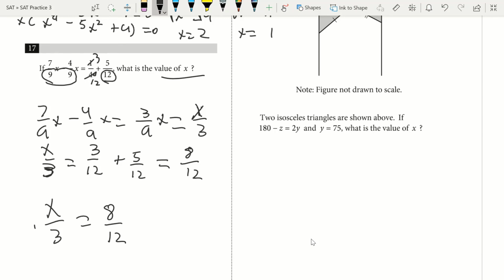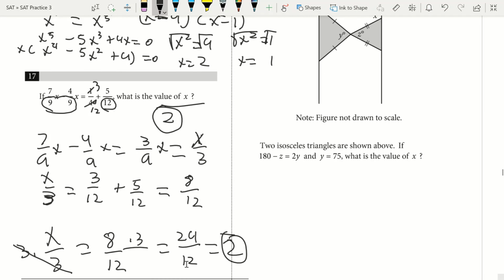We can multiply both sides by 3 and get 24 over 12, which is equal to 2. Another way you could do it is to see 3 times what equals 12, 3 times 4 equals 12, or 12 over 4 equals 3, 8 over 4, x would equal 2. So now you've got 2 as your value of x.